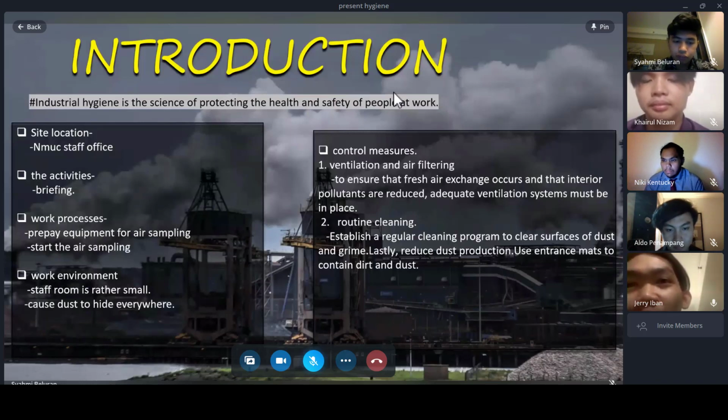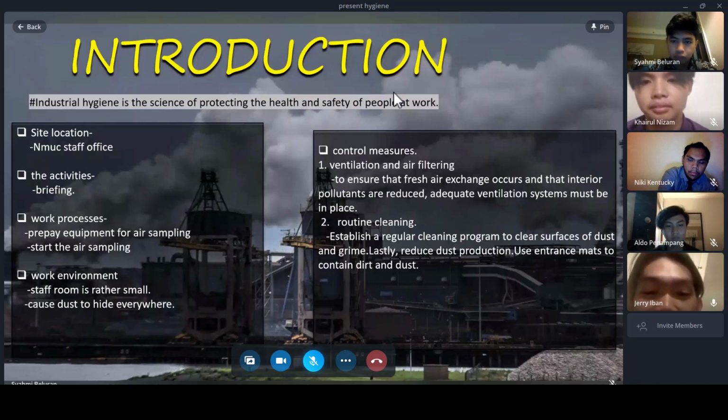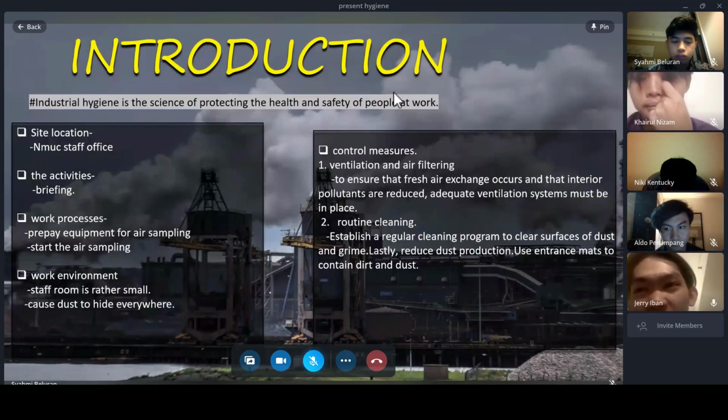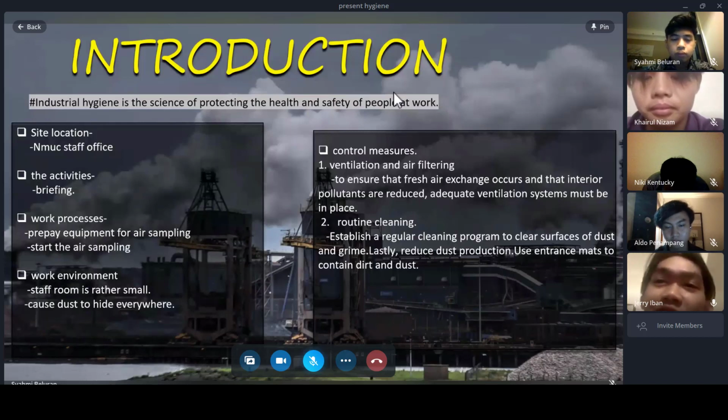A dedicated ventilation system must be in place. The next countermeasure is routine cleaning. Establish a regular cleaning program to clear surfaces of dust and grime. Lastly, reduce dust production. Use entrance mats to contain dirt and dust.